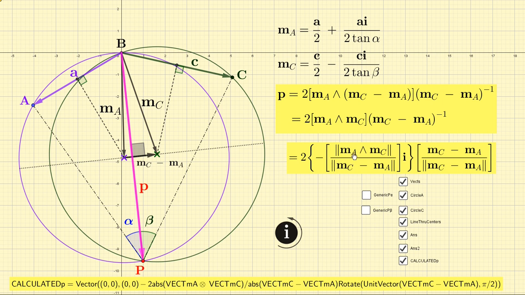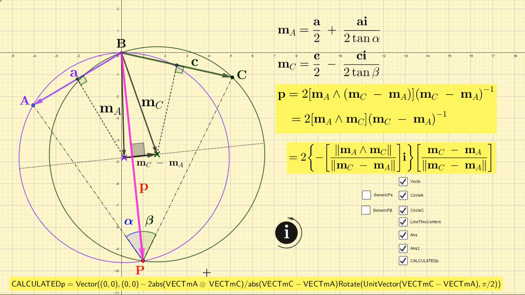So what's going on here? Well, the norm of MA wedge MC is accomplished by the absolute value of the cross product of MA and MC. Why the cross product? Well, the cross product is available in GeoGebra, but the wedge product is not.